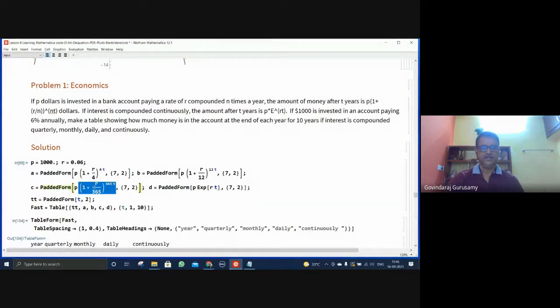This is getting limited, and at the end you will get a number, exponential times rt, as t goes to infinity. Maybe you can try and check whether it gives meaningful results or not.